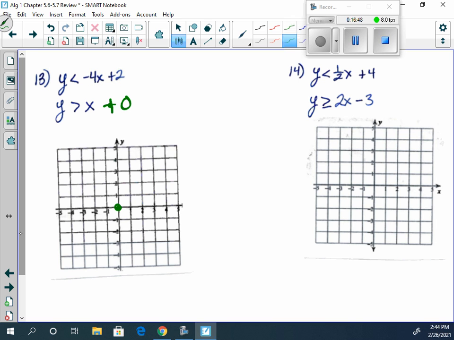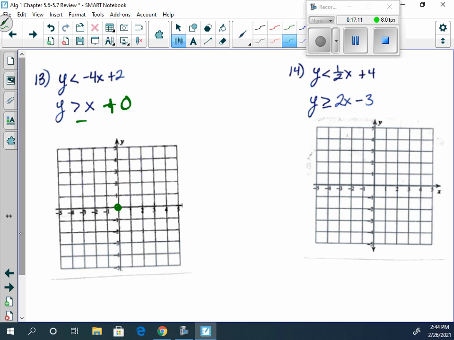Which is kind of disappointing, because that means we cannot check the point 0, 0. We have to find a different point. But our slope is what? It is dashed. The slope would be 1.